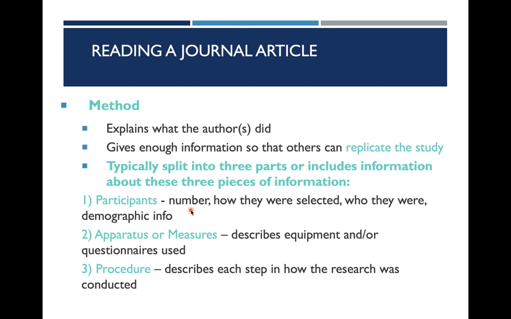You're describing step by step the procedures of your experiment. And so when we put these 3 things together, we should know exactly who we're talking about, number 1, the tools we used to learn about these people, number 2, and then how we deployed those tools in a procedure, number 3. And that's the recipe for our experiment.